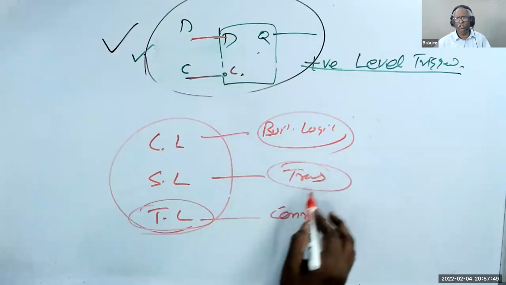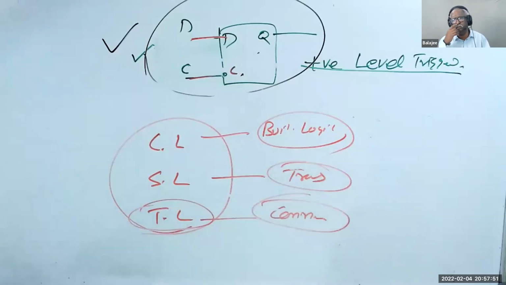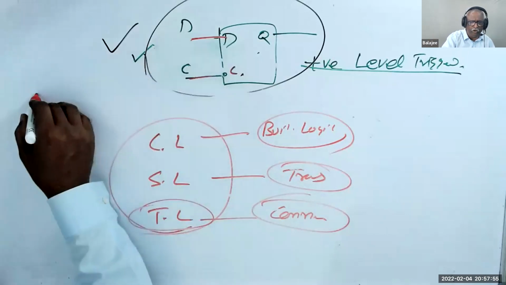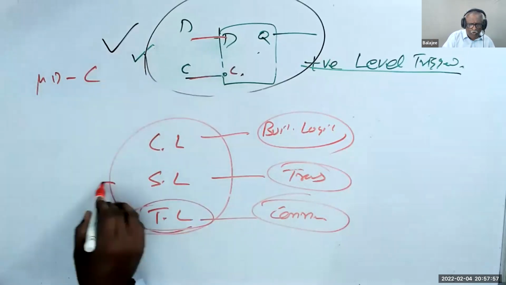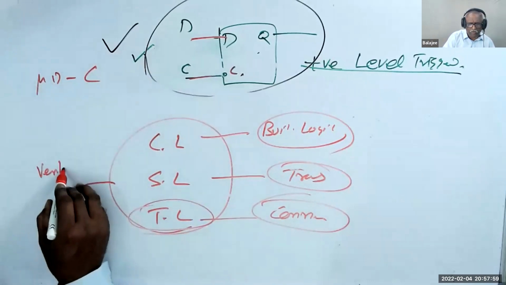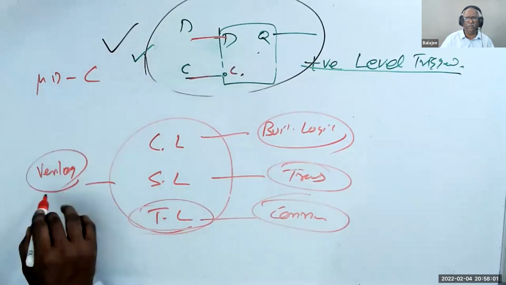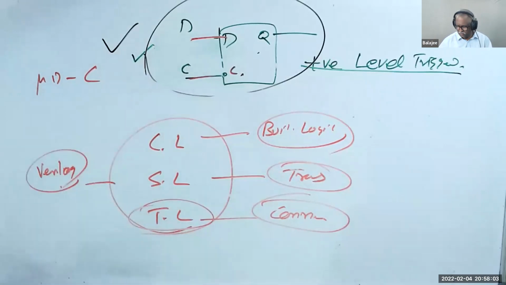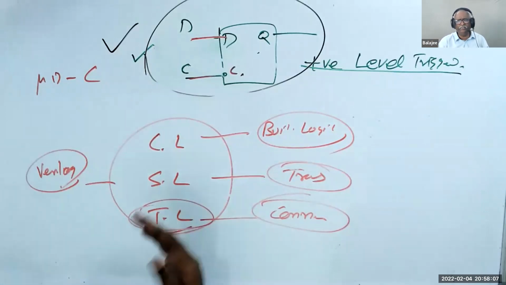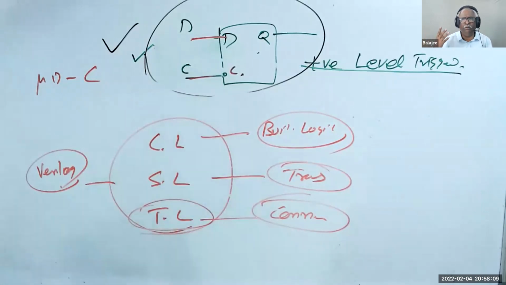If you know these 3, you will understand VLSI also. But in microprocessor, we are going to do C. Here we are going to do very long. That's it. So the same CL, SL, and TL are the building blocks of VLSI, nothing more than that.